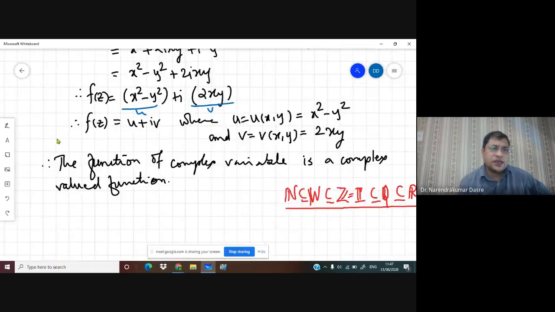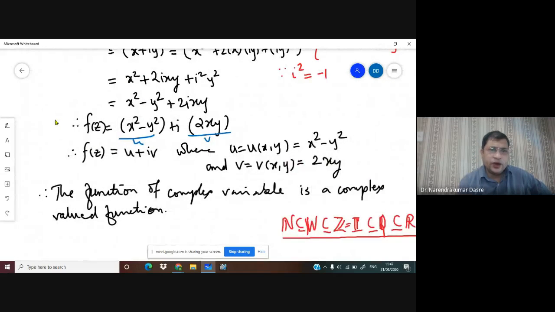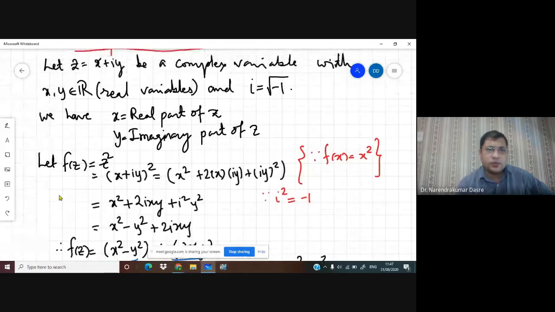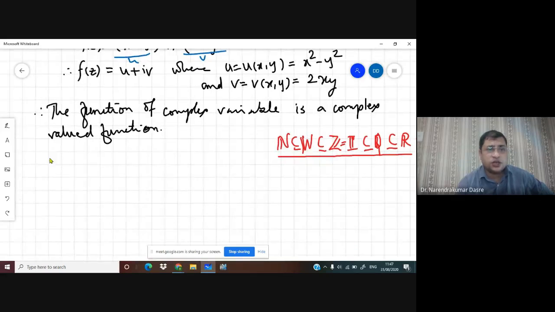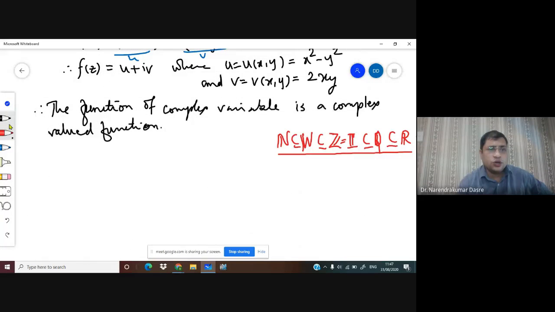Okay, so basically here we know that everything is going to be complex, and that's why we need to understand the complex variable and the functions of complex variable. So what we can have is, we can define a complex function. Let f from C to C, where C is the complex variable.